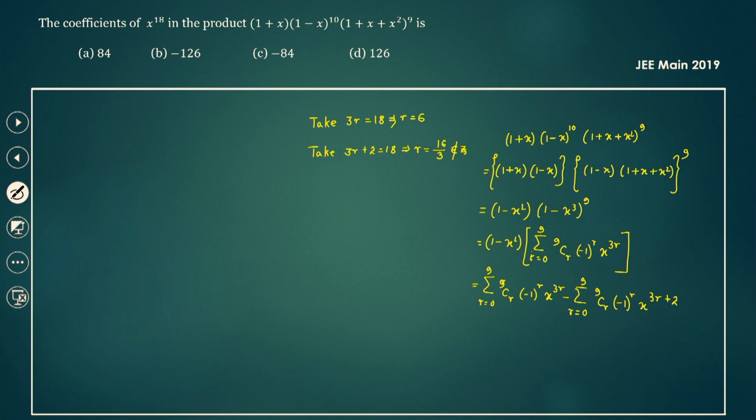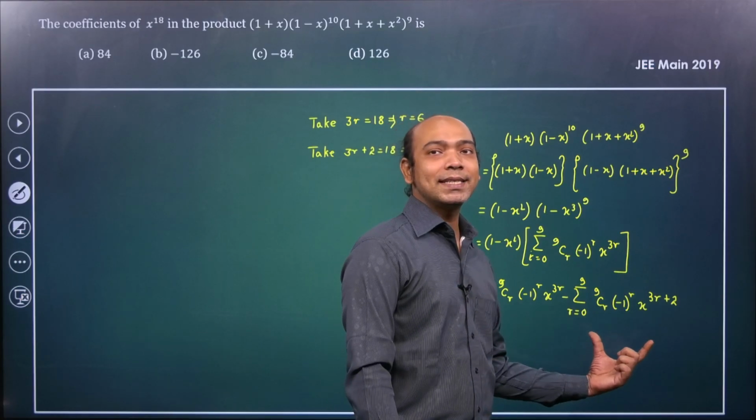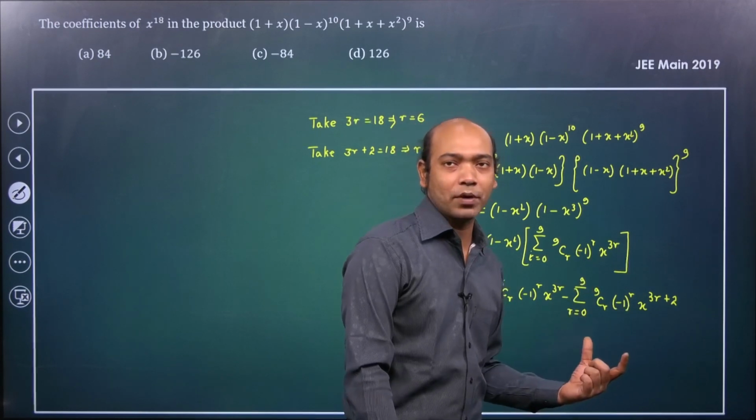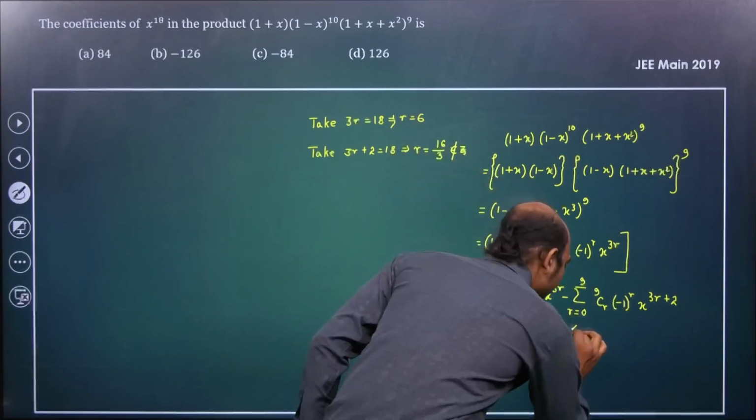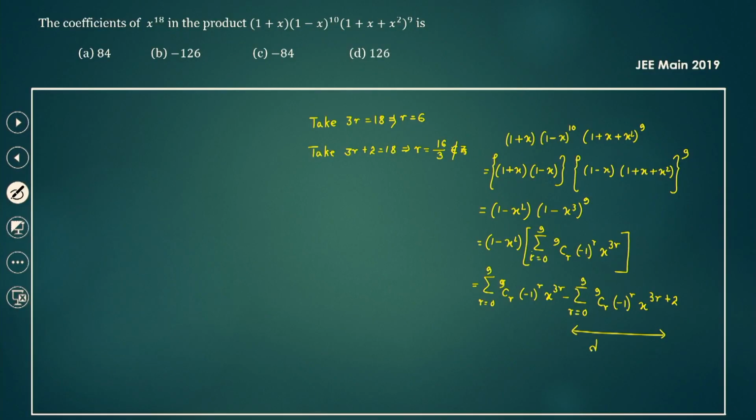Now, as this is not an integer, obviously from this series we are not getting the x to the power 18 term. So this series doesn't have an x to the power 18 term.